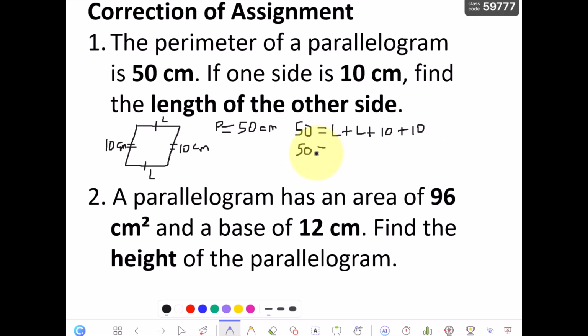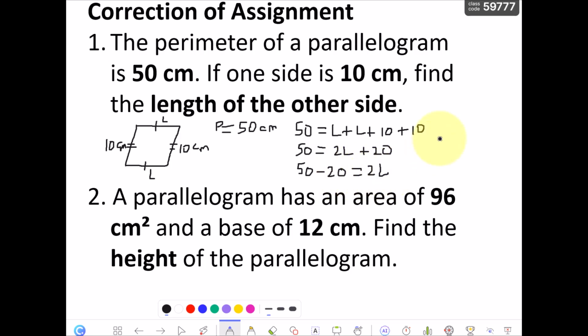L plus L will give us 2L. Remember your algebra. Then 10 plus 10 will give us 20. Then collect your like terms. 20 will cross over, and this is positive 20. When it crosses over, it becomes negative, which is 50 minus 20. And that will be equal to 2L.